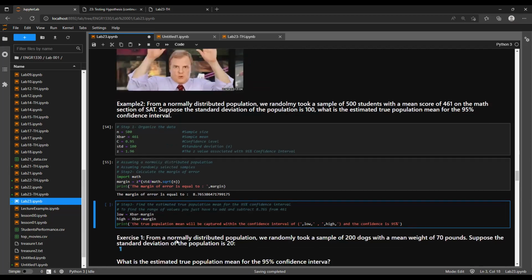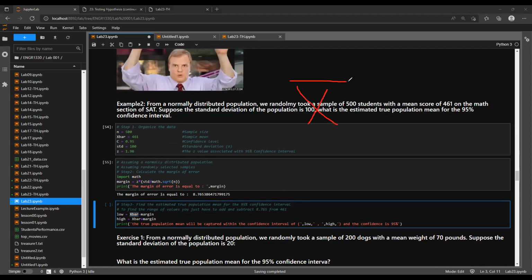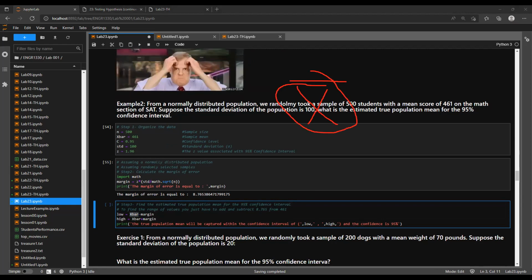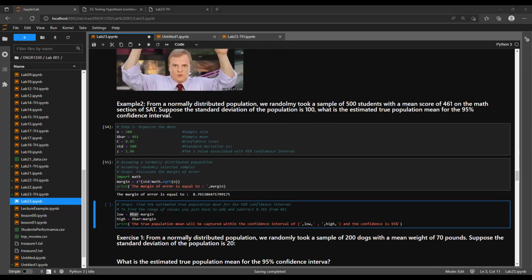So we want to find the true population mean for our 95% confidence interval. All we have to do is take our X bar, which was our mean. X bar, that's what that literally means. X is our random variable, and bar means mean.